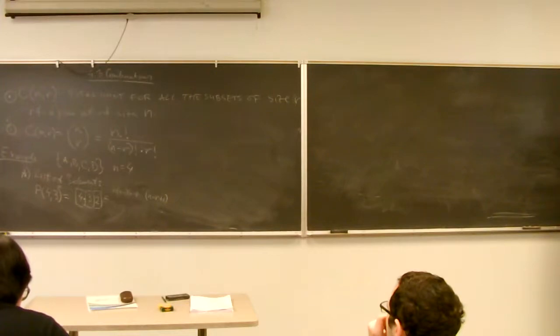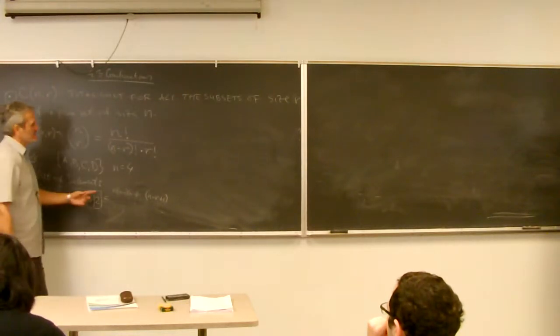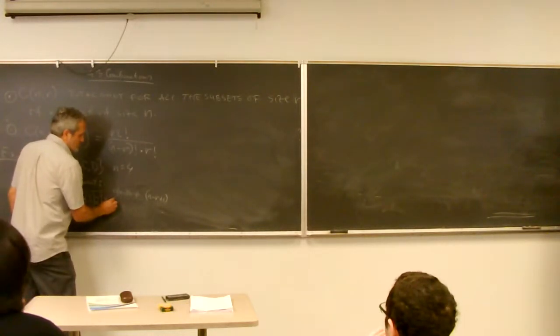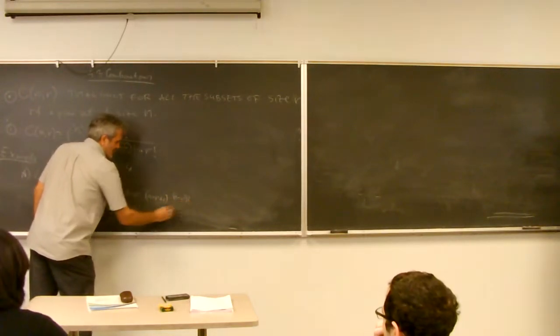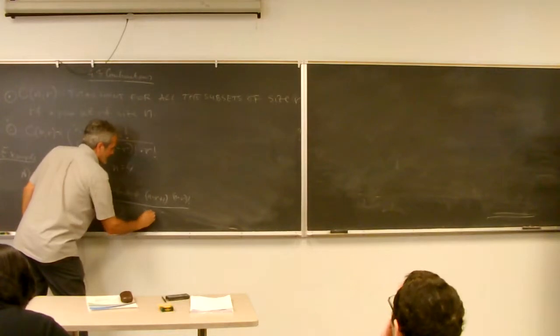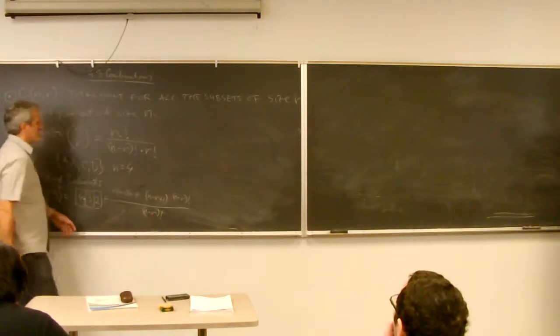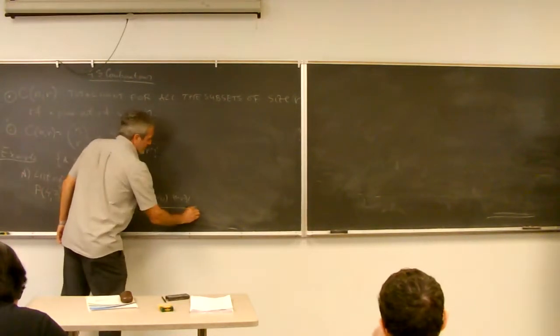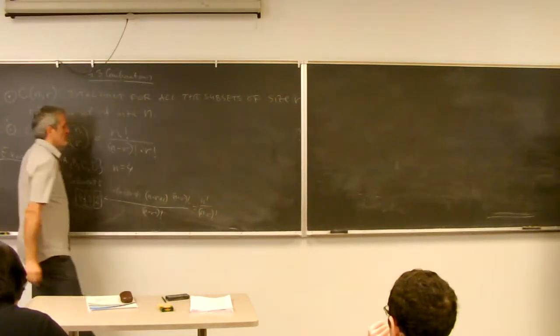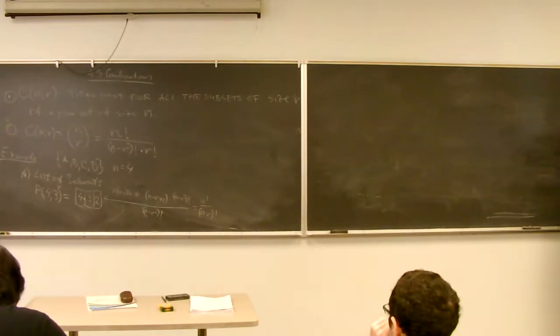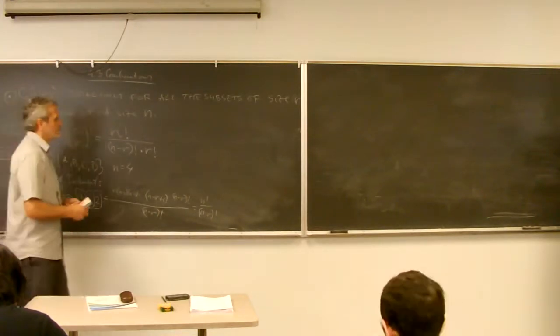But then, if you remember from last time, we wanted this as a factorial, so what did we do? We multiply by (n minus r) factorial, the missing ones, up and down, and that gave us the formula n factorial over (n minus r) factorial. That was the formula from last time. So this is just reviewing what we did last time.